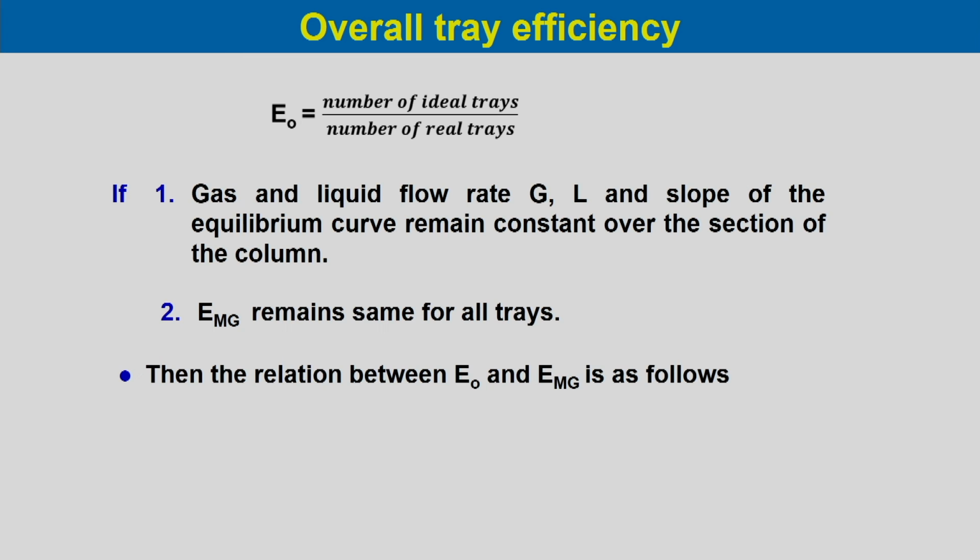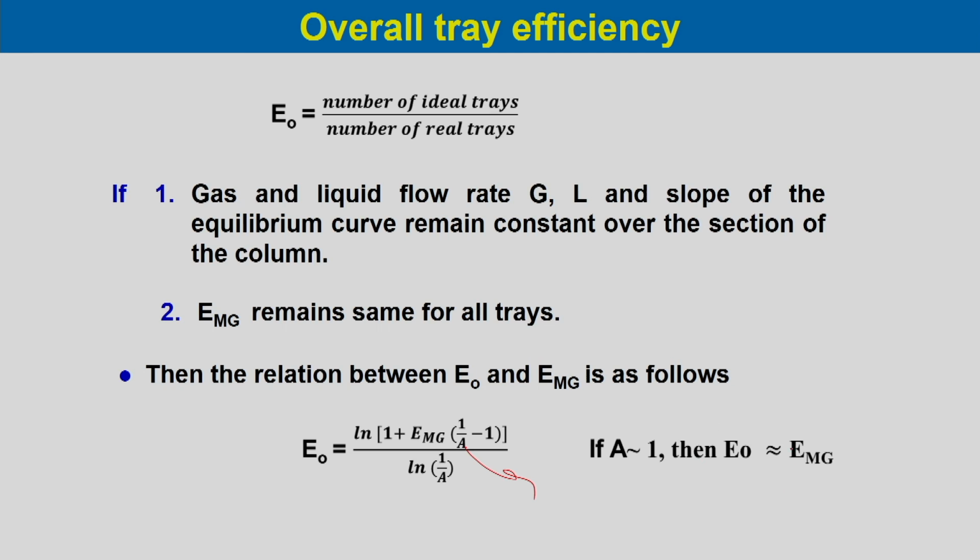Then the relation between EO and EMG is as follows: EO would be equal to ln of (1 plus EMG into (1 by A minus 1)) divided by ln 1 by A. Here if A tends to 1, then EO would be approximately equal to EMG.